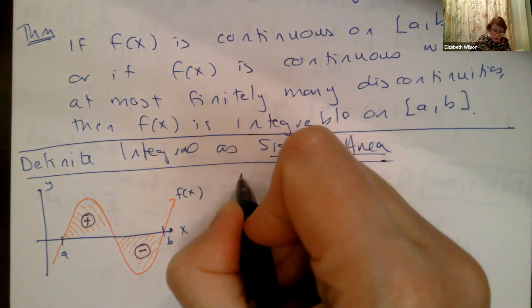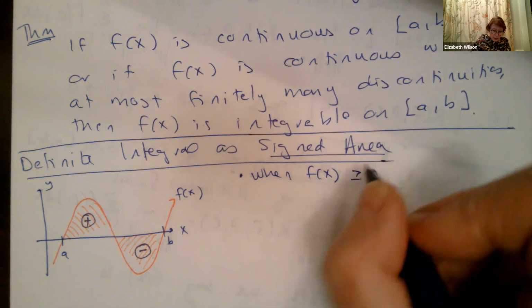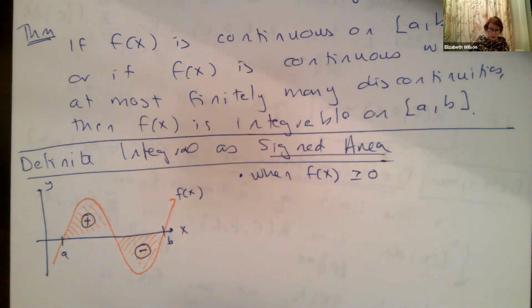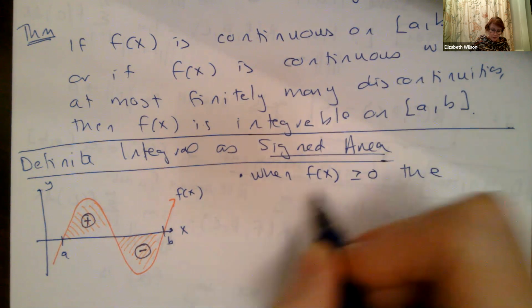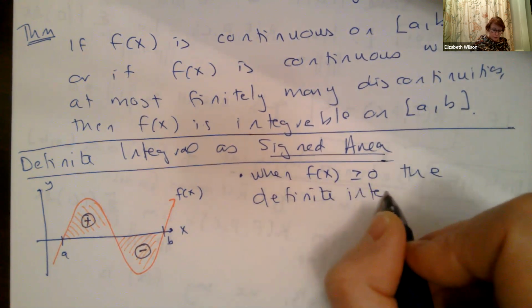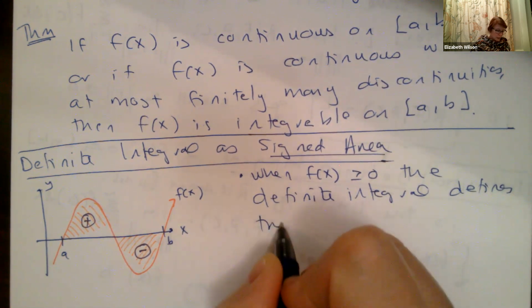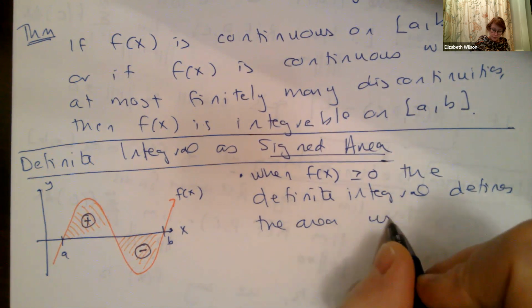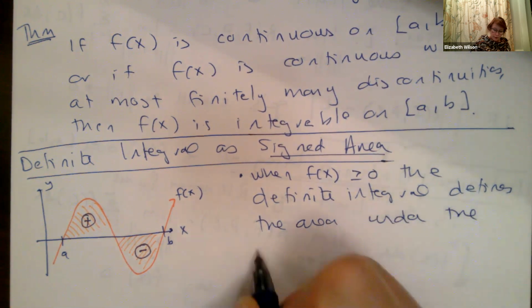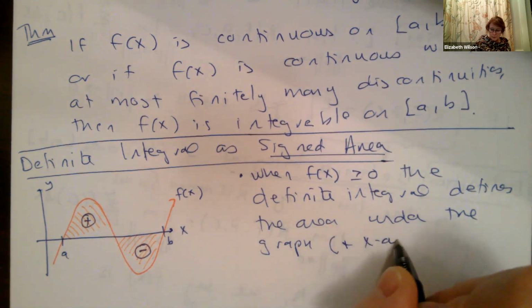So let's start writing it down. So when our function is greater than or equal to 0, so that's this portion of it, when our function is greater than or equal to 0, the definite integral defines the area under the graph and above the x-axis, right?